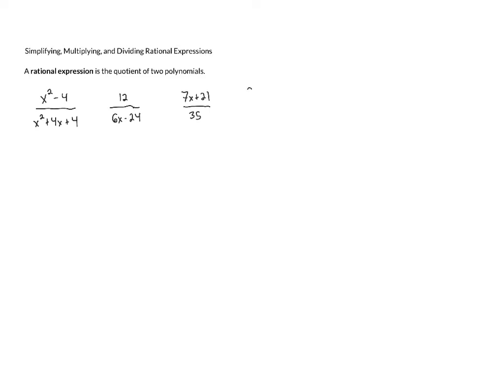And lastly, 9x over 6x squared. All of these are quotients of polynomials, or fractions where the numerator and denominator both consist of polynomials. Some of these are monomials, and some of them are even constants, but all of those still fall under the category of polynomials.